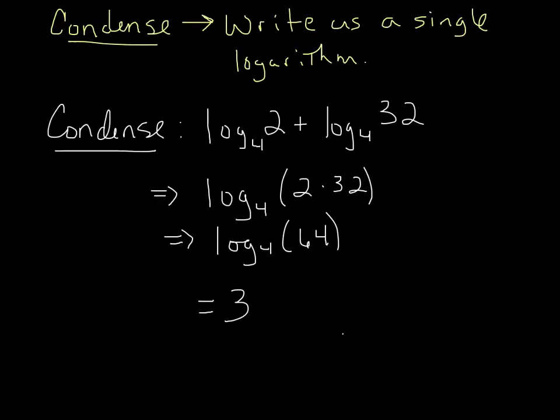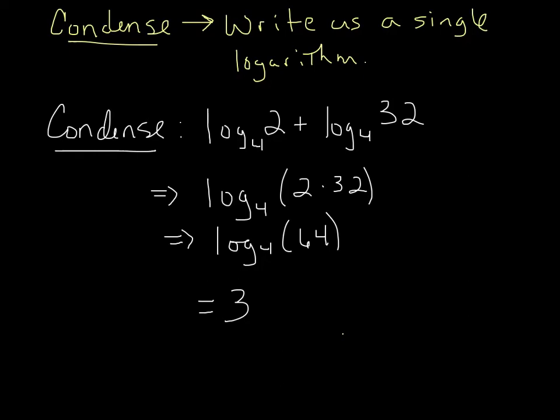Now if I want to condense, then I'm going to take something that's written as multiple terms and use the properties in reverse to write it back as either a single value or as a single logarithm. So in this example here we have log base 4 of 2 plus log base 4 of 32. Well, 2 and 32, neither of those are powers of 4.